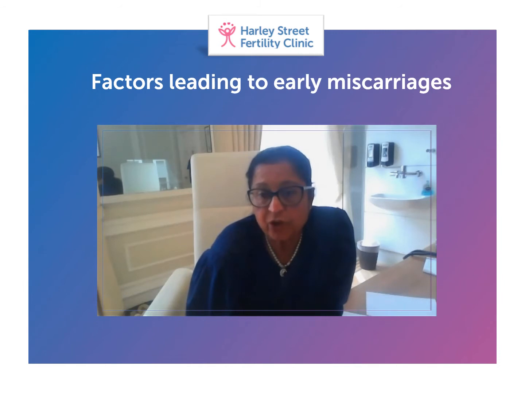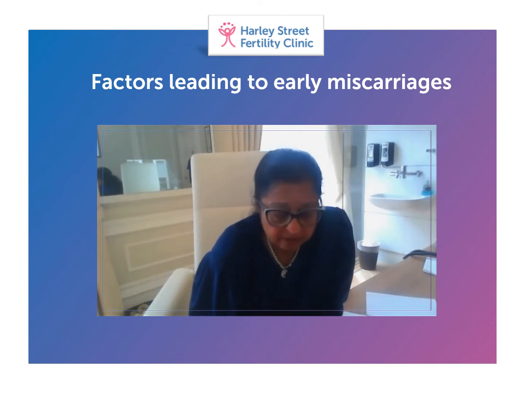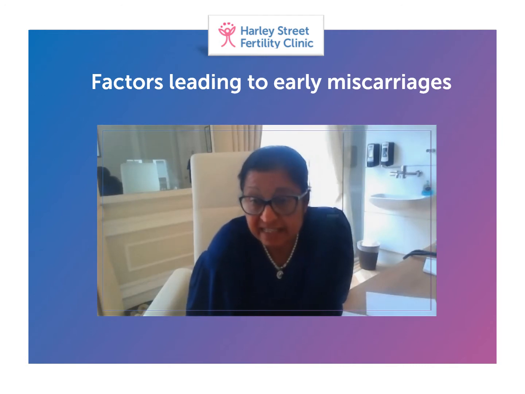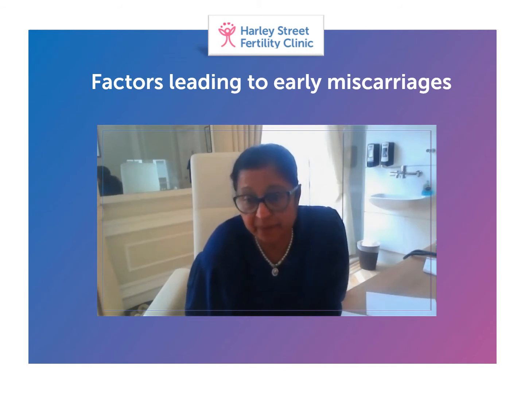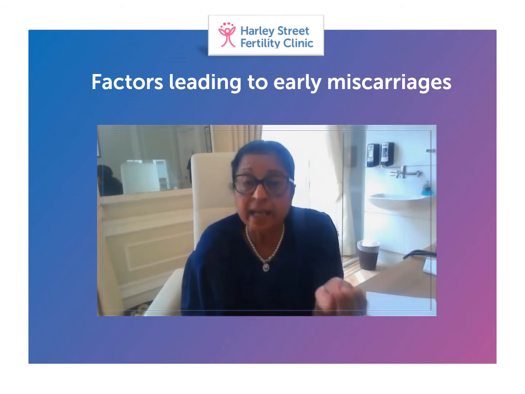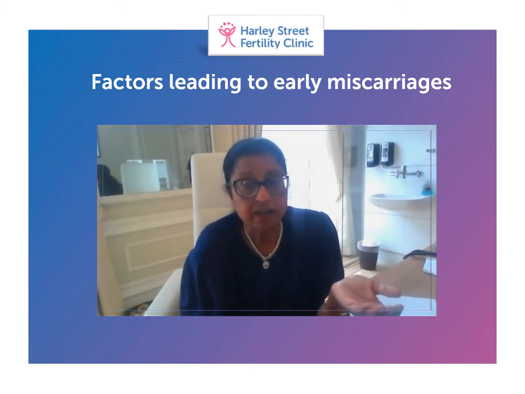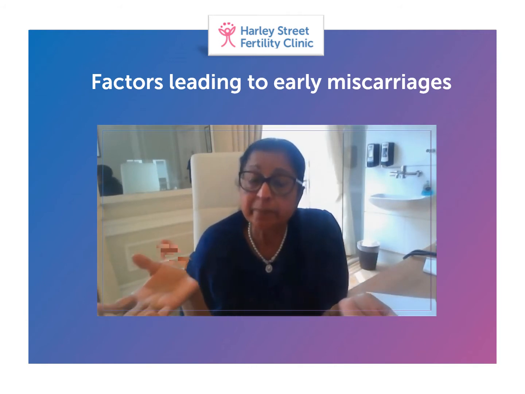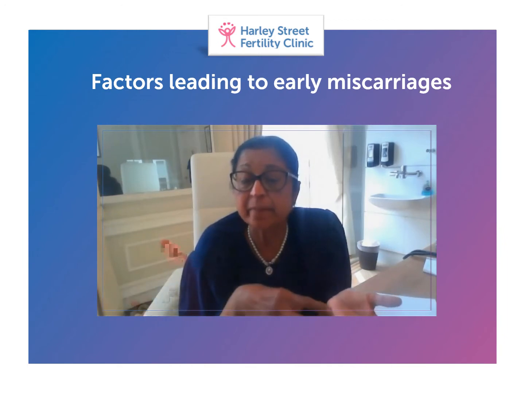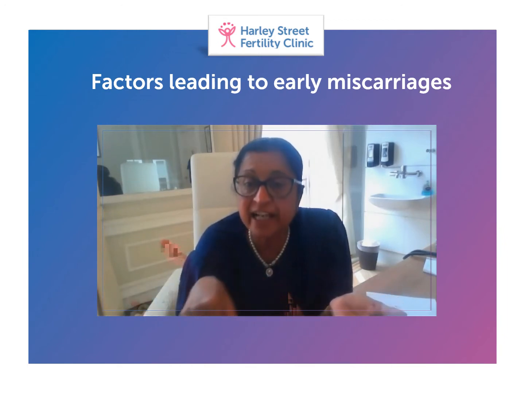Now we are going to talk about early miscarriages, and most of the early miscarriages are due to chromosomal issues in the fetus or baby. That is the commonest cause. But if we analyze the different factors causing the miscarriage, I would say the issue could be with the embryo, or the issue could be with the implantation and the environment, that is the uterine environment.